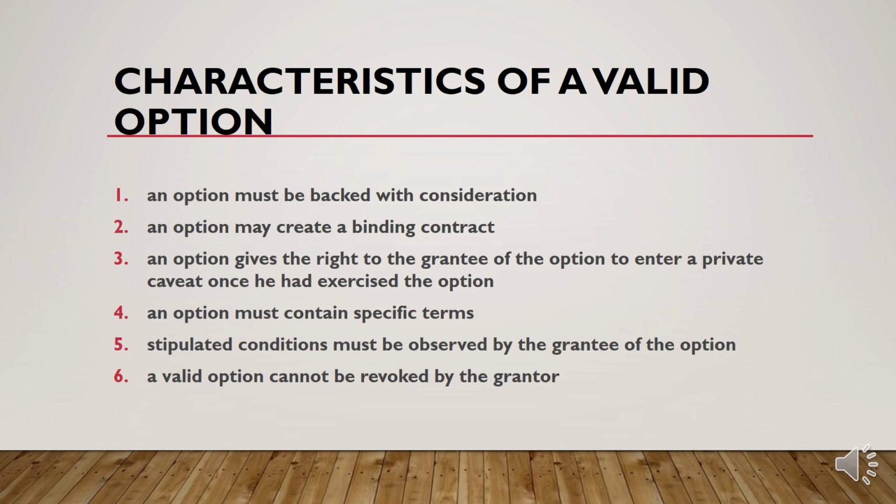Stipulated conditions that have been put into the option clause by the grantor of the option must be observed by the grantee of the option. A valid option cannot be revoked by the grantor until the time for the execution of the option by the grantee has lapsed. Then the option is no longer in effect.